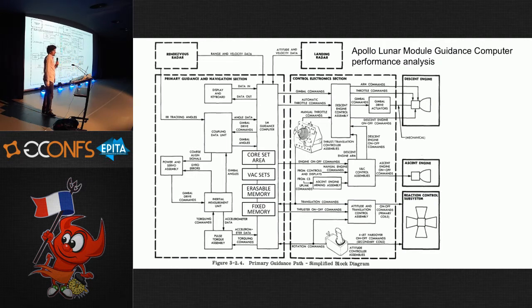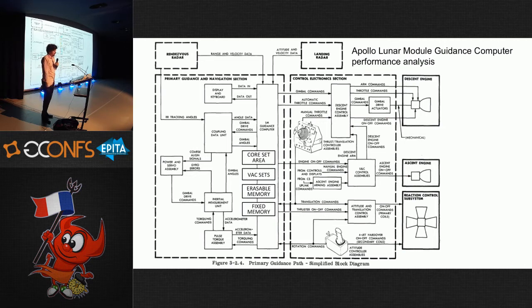When the core set area is full, the computer throws a 1202 alarm, and that's what Neil Armstrong had during the descent. It's interesting to see why. It was because the rendezvous radar was turned on and misaligned, and unlike in simulation, it was adding an extra CPU load to the system. They were expecting to have some headroom during the descent, but because the rendezvous radar kept interrupting the CPU to do calculations that they didn't strictly need, the CPU went to 100%, or the core set area went to 100%.